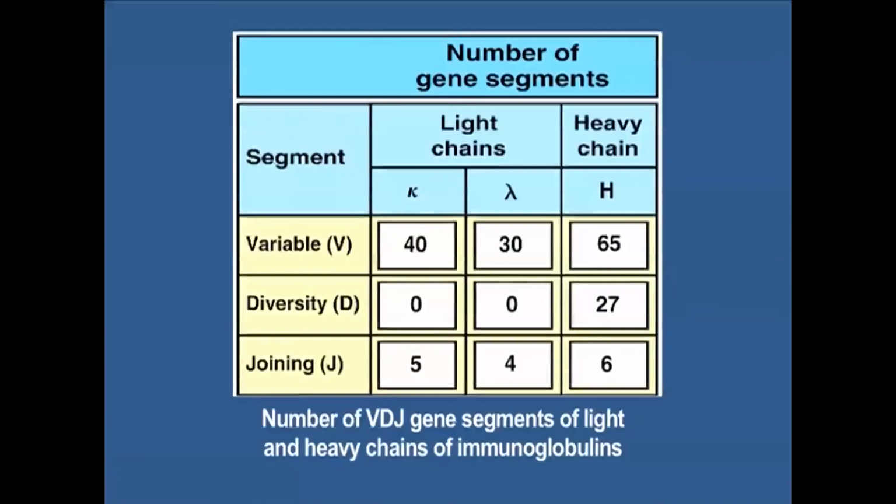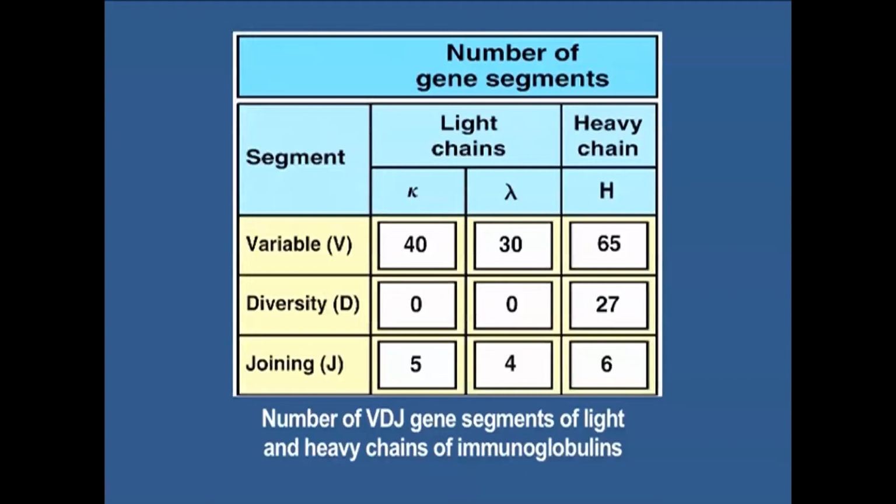This person, Tonegawa, in the year 1976, discovered a unique phenomenon where he showed that there are some specific areas within the antibody which are called VDJ segments, and these VDJ segments are present in both the light chain and the heavy chain.